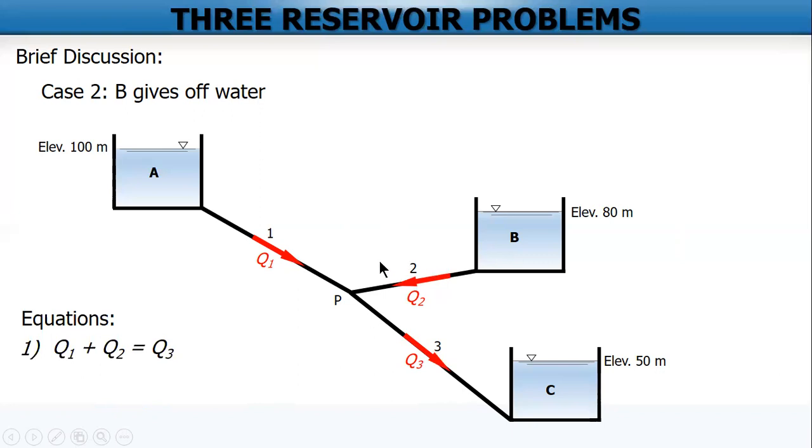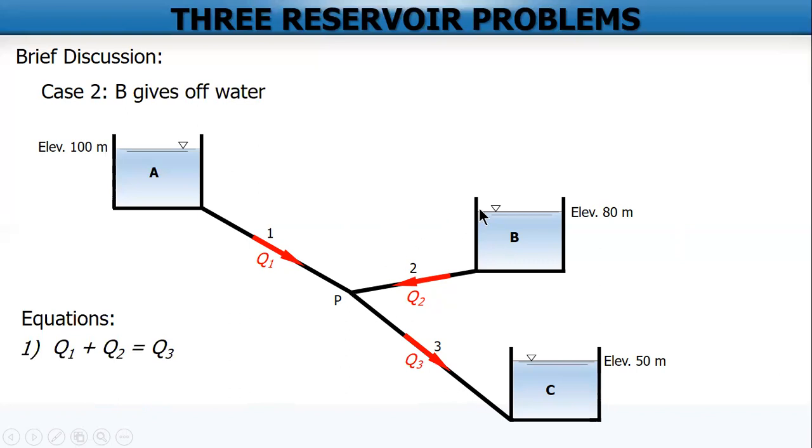And then again, our hydraulic grade line, focus on pipe number 2. The flow is from right to left, right? So therefore, the hydraulic grade line will slope downward from right to left.